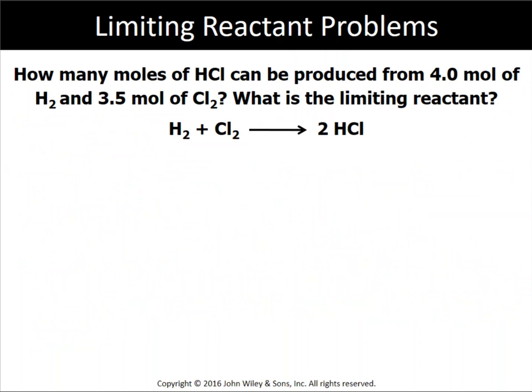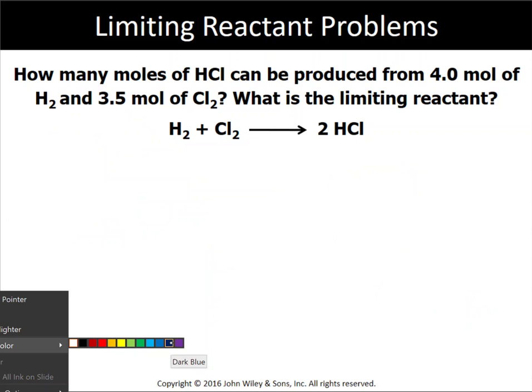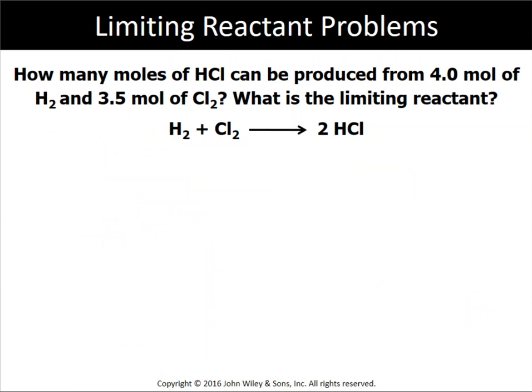You want to know how many moles of hydrochloric acid can be produced from 4 moles of hydrogen and 3.5 moles of chlorine. What is the limiting reactant? First of all, we have to make sure that the reaction is balanced. It is balanced. Now, since the initial quantity of both reactants is given to me, I have to solve for limiting excess.